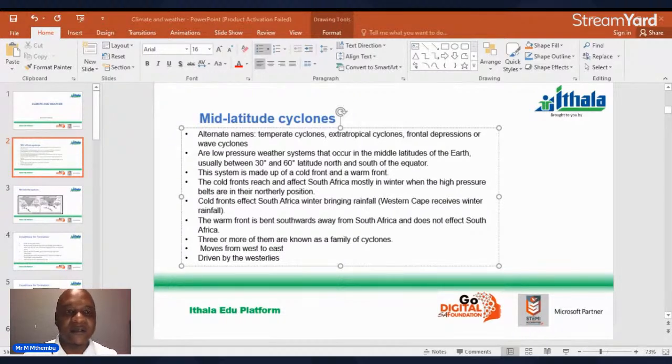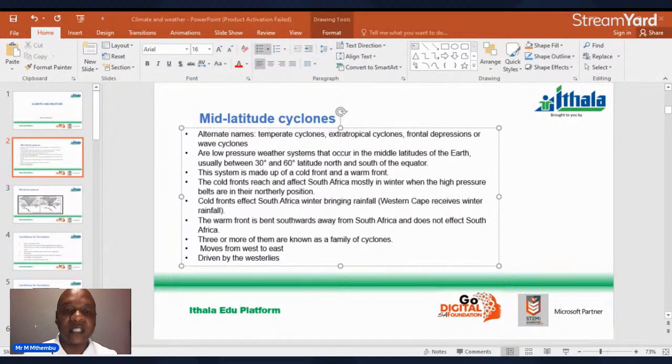So the polar easterlies are a bit warm, and then the westerlies are a bit cold. And then also those are the conditions for the formation of a mid-latitude cyclone. This is the area of the formation of the mid-latitude cyclone. As you can see, there is the band of clouds. These are cumulonimbus clouds. So in this area here, as you can see from the arrows, the red arrows symbolize the air that is driven by easterlies, it's warm.